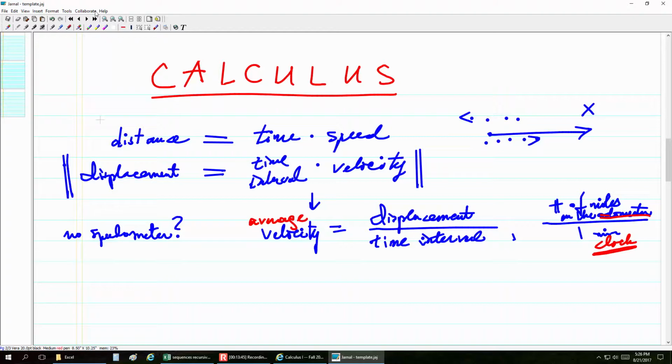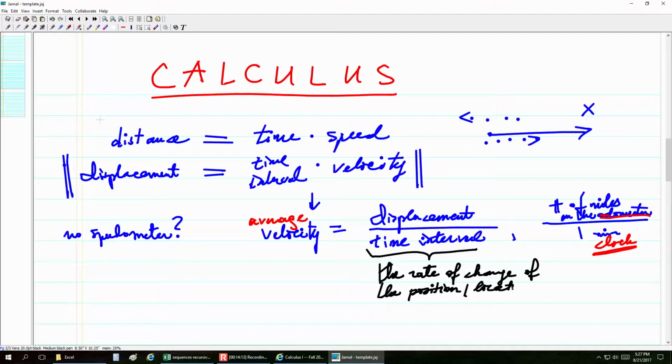This is what the meaning of this fraction is: the rate of change. When you start using mathematical language in place of something more related to physics, it is the rate of change of the position, or location, with respect to time.